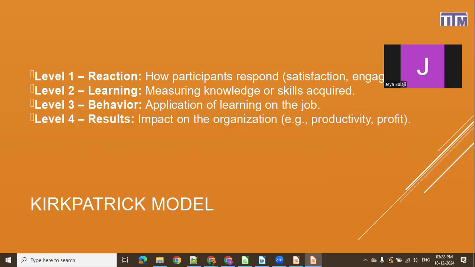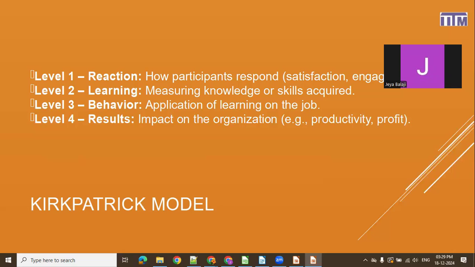The final level is about what the organization has gained. What is the impact the training has left, and how much productivity or profit is achieved due to this training. This is the Kirkpatrick model, and it is a very easy and simple one to apply, and you will be able to get the results properly.